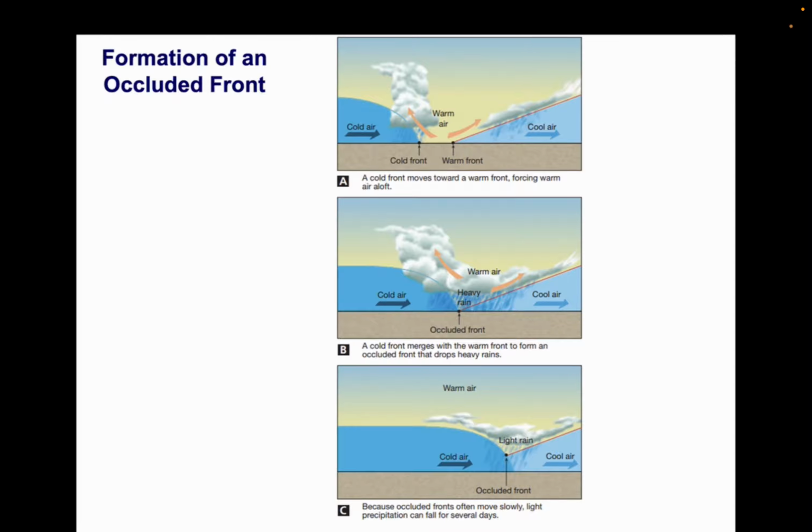So we can have thunderstorms and very heavy rain, especially if the air mass that's pinched off from the ground is warmer and contains a lot of moisture, then heavy precipitation is expected.